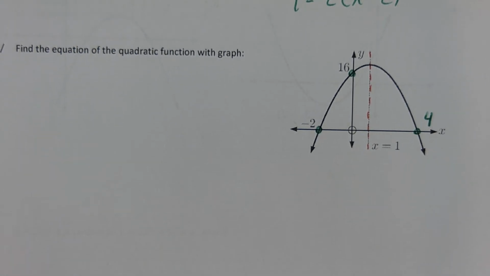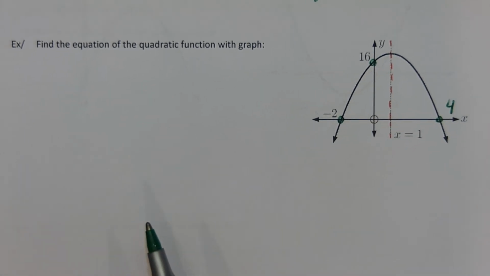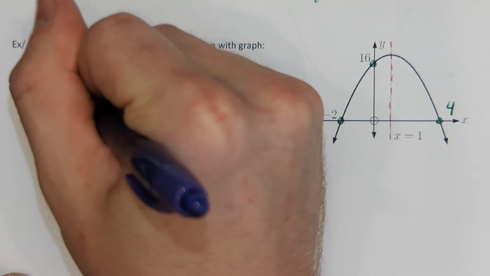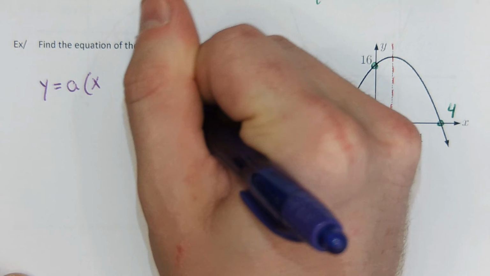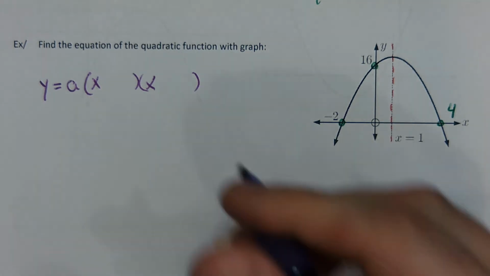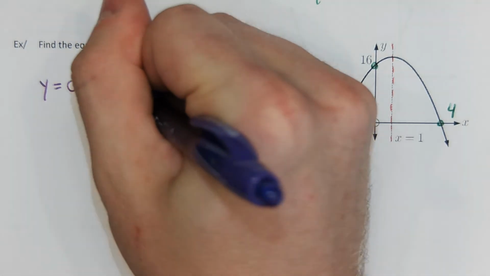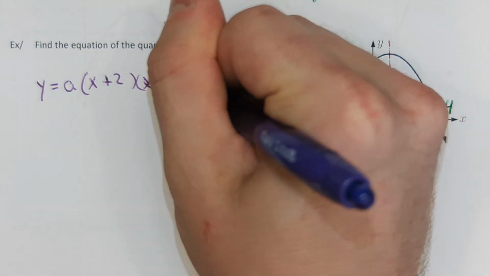We can write an intercept form, and we will plug in 0, 16 after we've done that. I haven't written in purple yet. Let's write in purple. Y equals an unknown a value, x in the front of both of these sets of parentheses, and we know -2 makes one of them 0, plus 2. We know +4 makes the other one 0, -4.